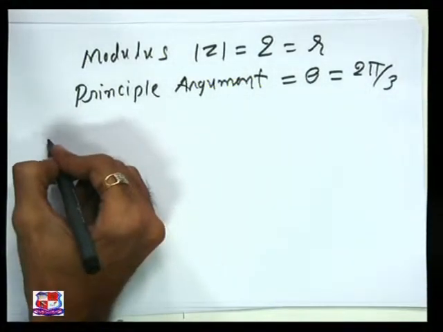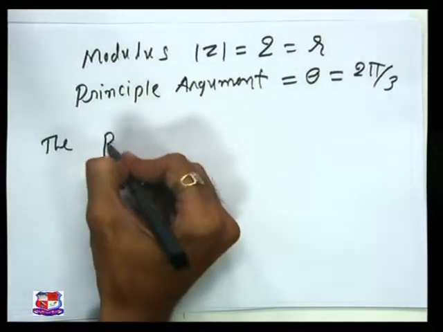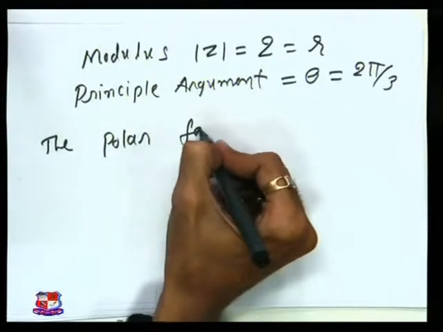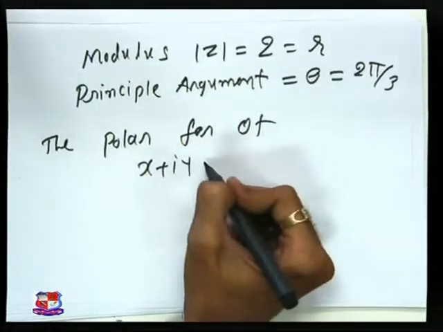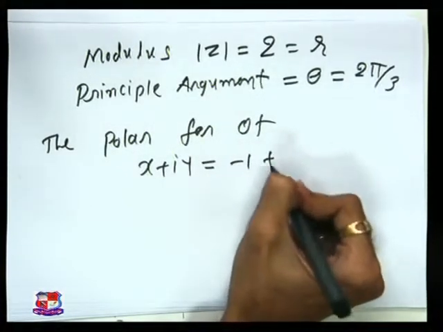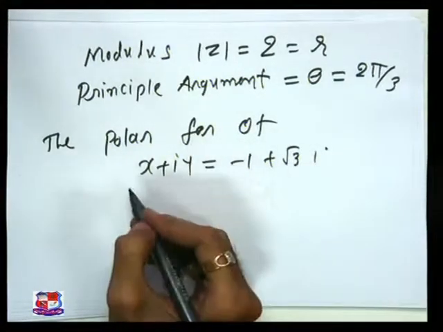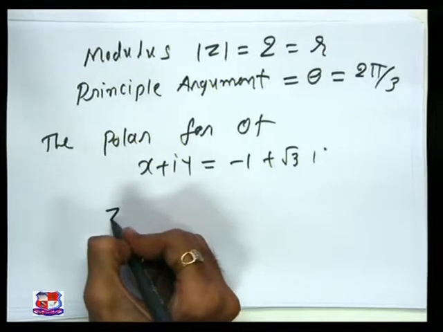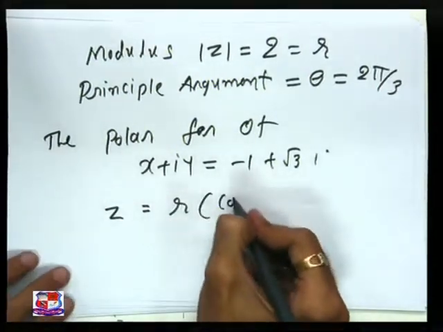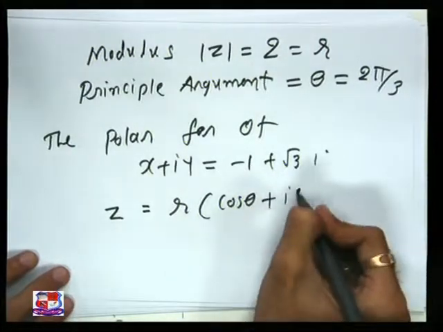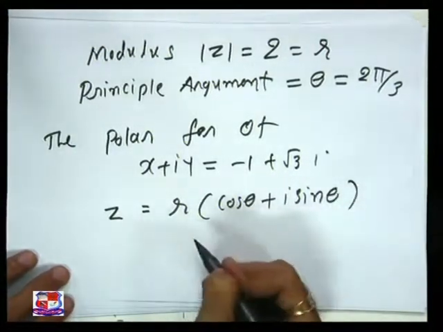So the polar form of x plus iy, that is minus 1 plus root 3 into i, is equal to z, is equal to r into bracket cos theta plus i sin theta.